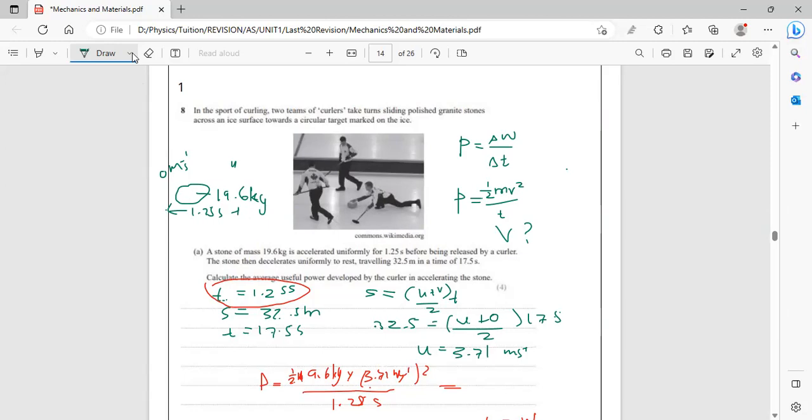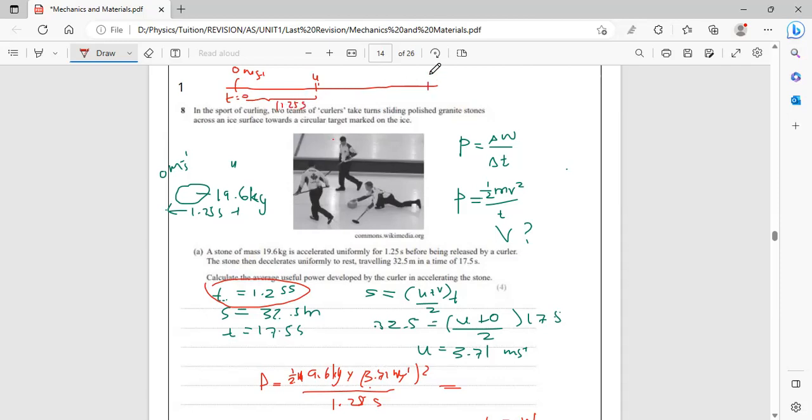Then what's the next scenario? There are two cases here. In the first case, it accelerates from 0, we don't know the final velocity, but the time duration is 1.25.